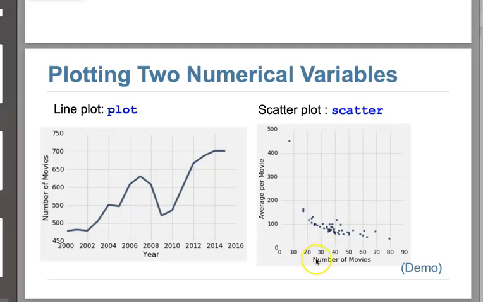Here you can see we have the number of movies and the average, maybe the box office average per movie. They don't really have a pattern of increasing or decreasing. But here at least we can see most movies are between 20 and 50, and the average is between 50 and 150.